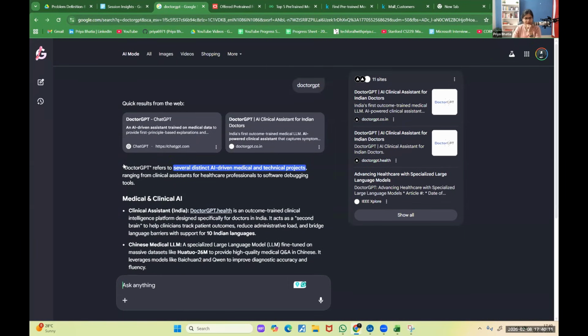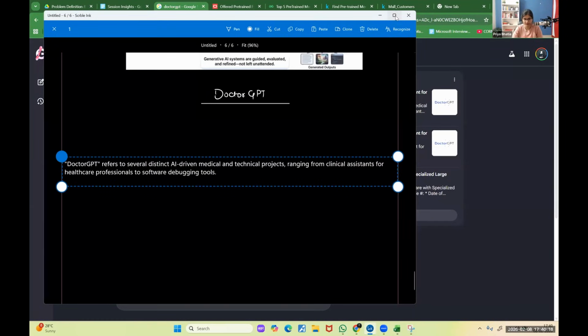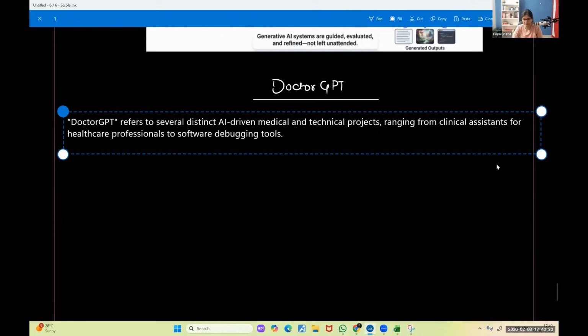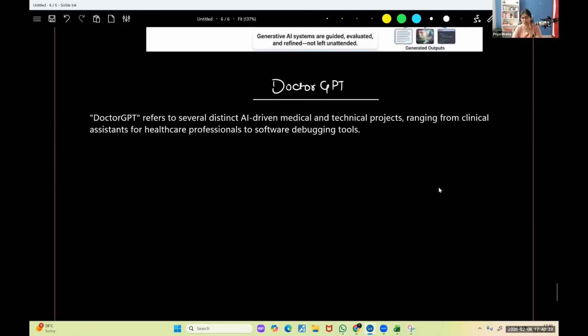So basically, what is actually happening over here? We have one generic ChatGPT, that is fine. But when ChatGPT came into the picture, at that point of time, medical people thought, why not create our specialized Doctor GPT.